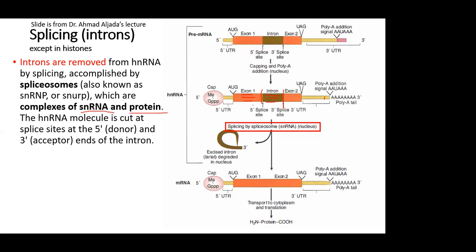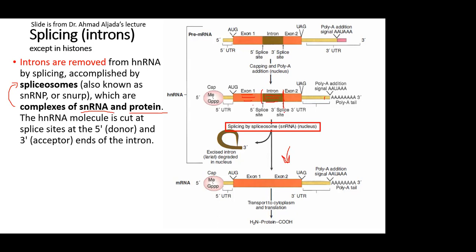Protein and small nuclear RNA will give us something called spliceosomes. The spliceosomes are the enzymes that are gonna cut the introns out, throw them away. Cut them out, then you basically join this end with this end, making a mature mRNA.